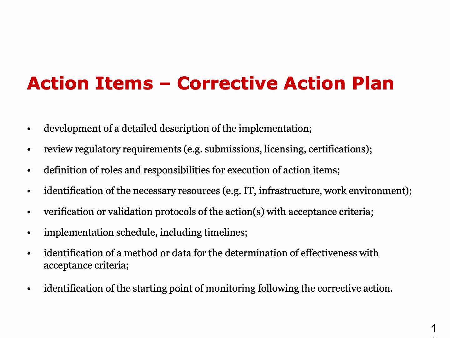It can also be identification of the necessary resources like IT, infrastructure, work environment, verification and validation of the protocols, implementation schedule including timelines, identification of method or data for a determination of effectiveness with acceptance criteria for the quality of the products, and identification of the starting point of monitoring following the corrective action. So these are all good examples of action items when we are looking into implementing a corrective action plan.